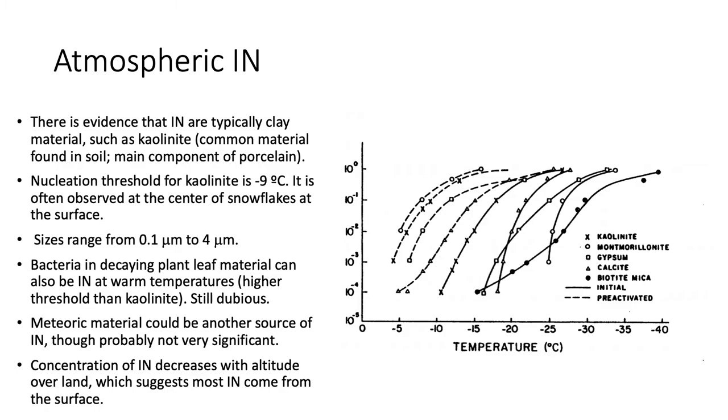And it's been found, interestingly, that bacteria in some kinds of environments can also act as ice nuclei. This is interesting. It often leads to speculations about the potential role of bacteria in forming ice in general.